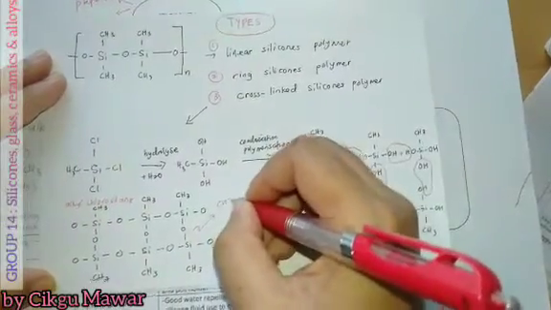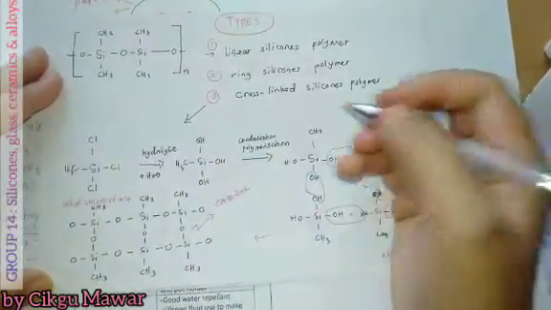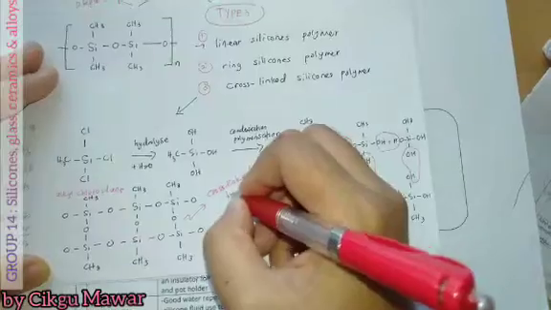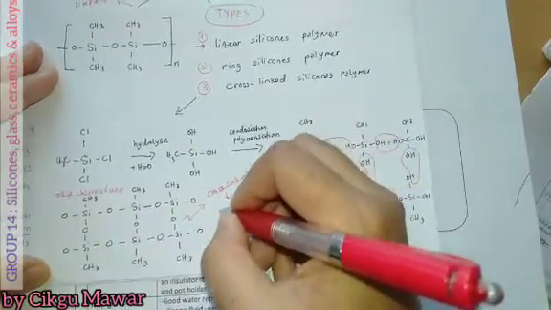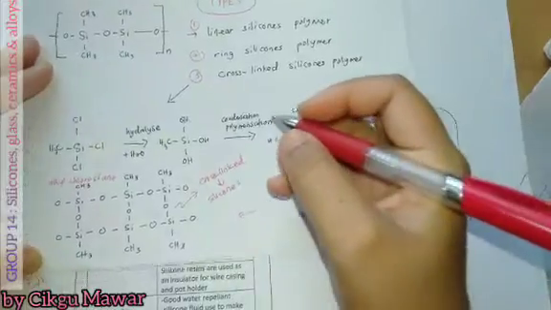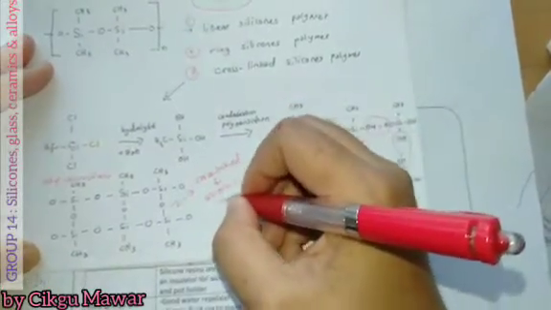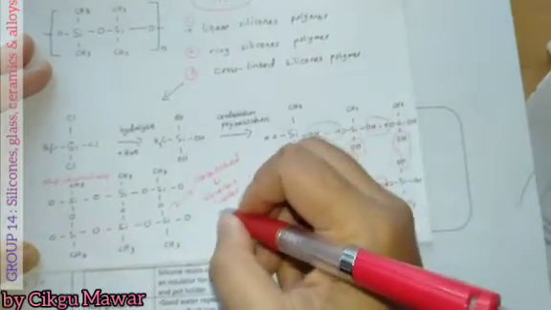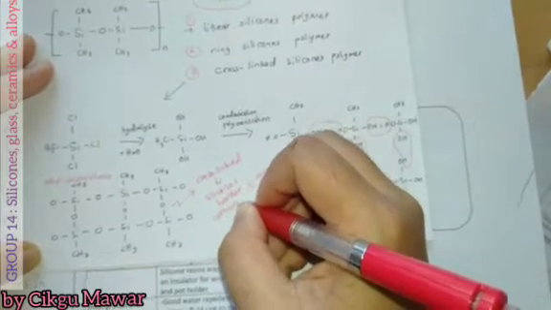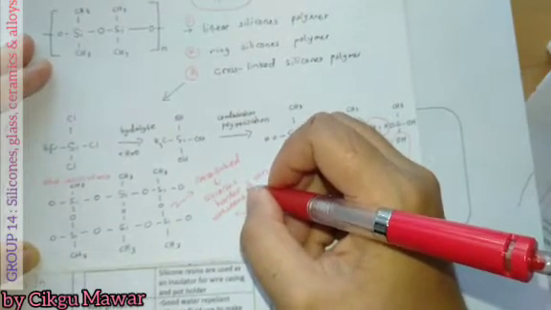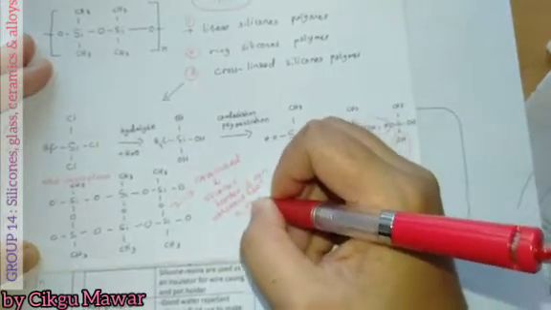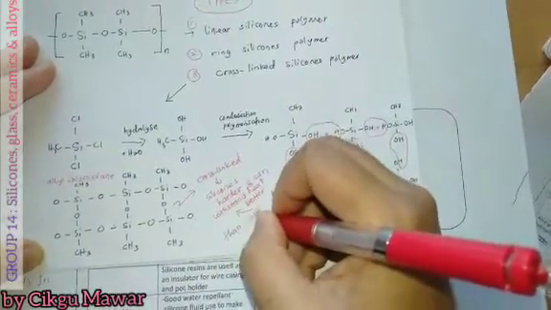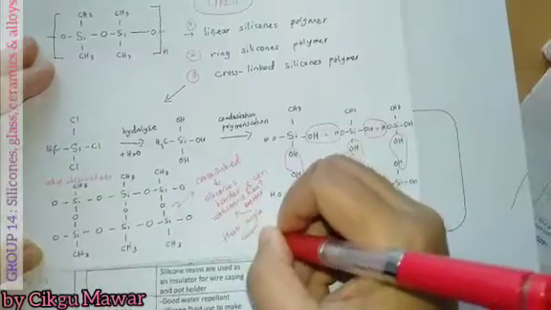With this cross-link of silicones, we can see that these silicones become harder and can withstand heat better than single chain silicones.